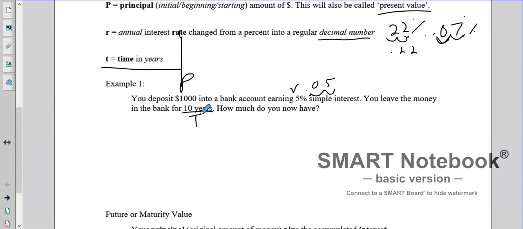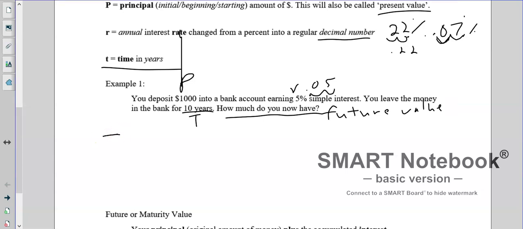Now be careful. Look at what the question's asking you. It's not asking you for your interest. It's asking you how much money you have. This is the future value. If it said how much interest do you earn, that's a totally different question.